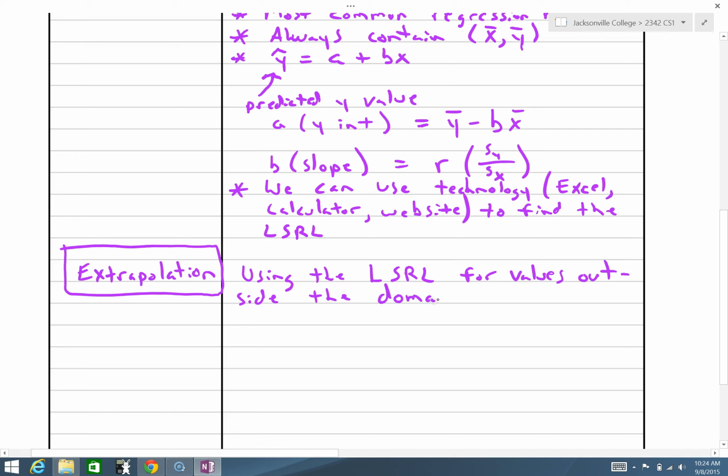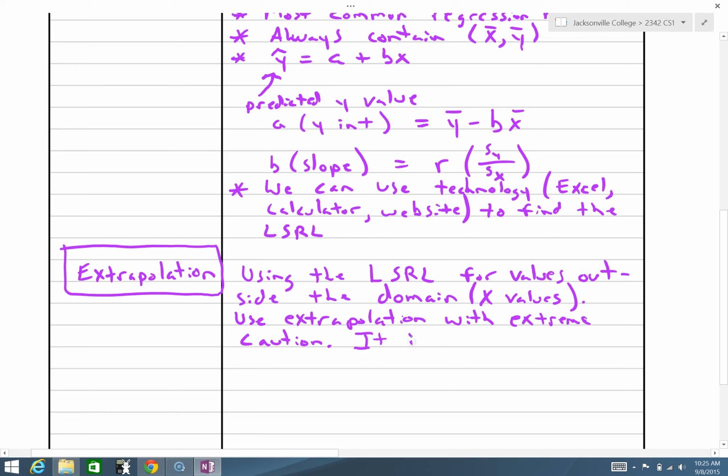What we mean by the domain are the x values that we have. We should only use extrapolation with extreme caution. It is often inappropriate.